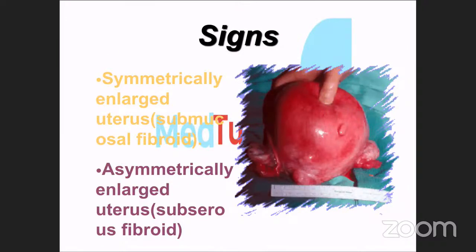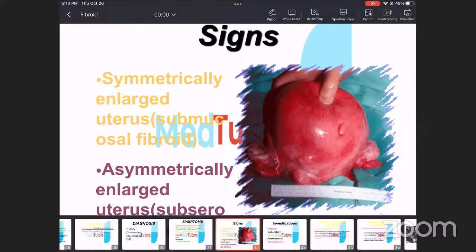Whenever you examine a patient with a fibroid and the uterus is symmetrically enlarged, what are your differential diagnoses? Differentials are, one, submucous fibroid and adenomyosis.